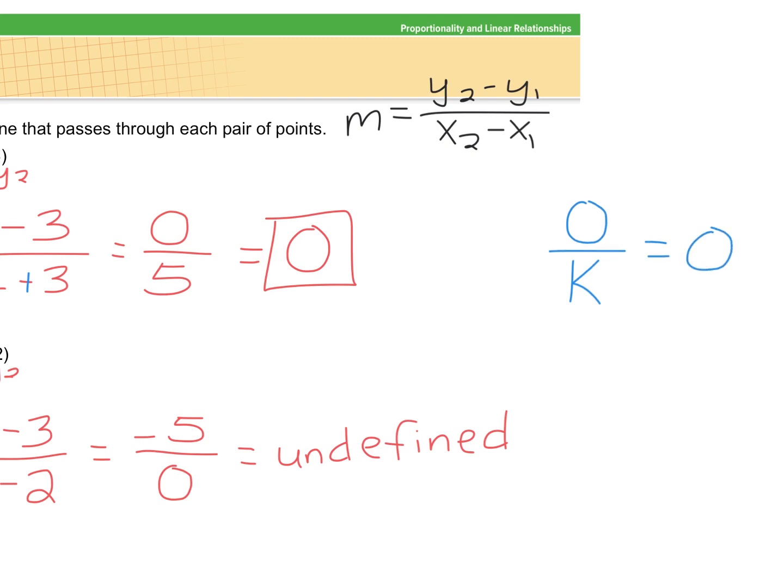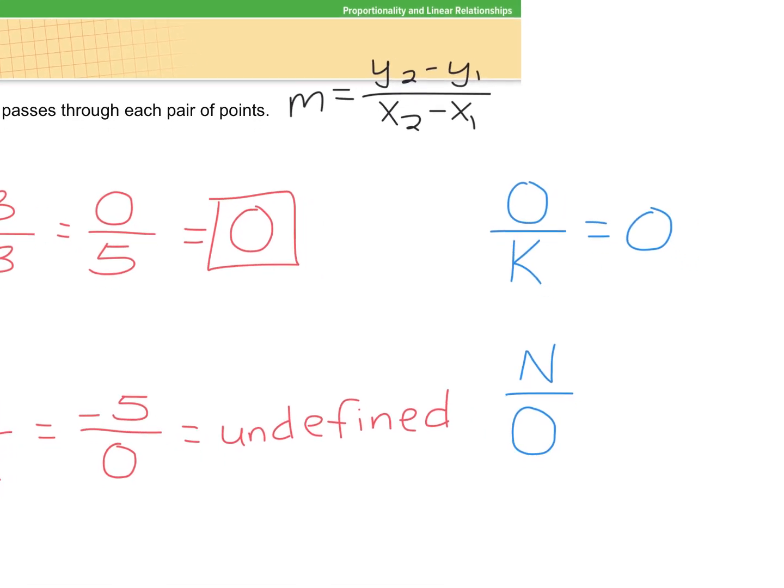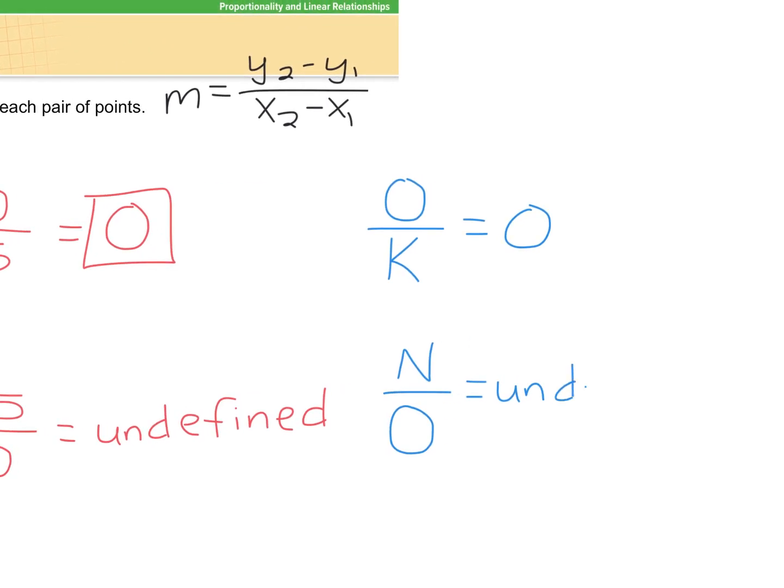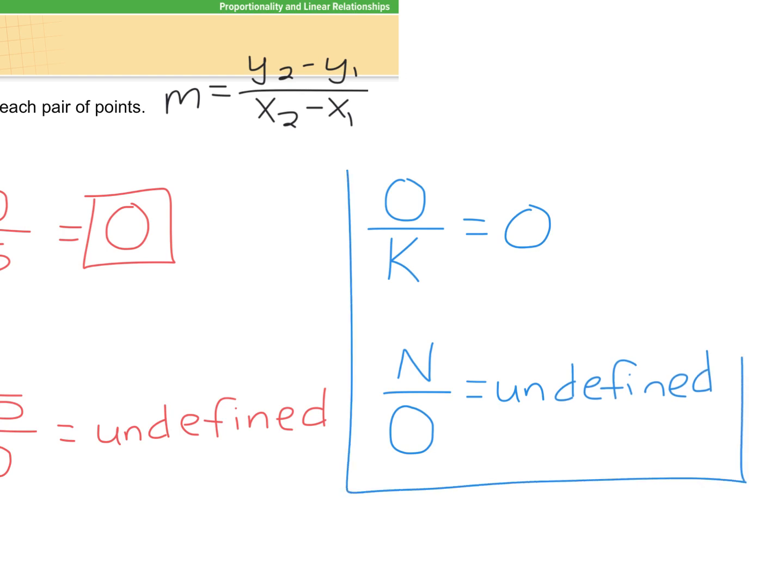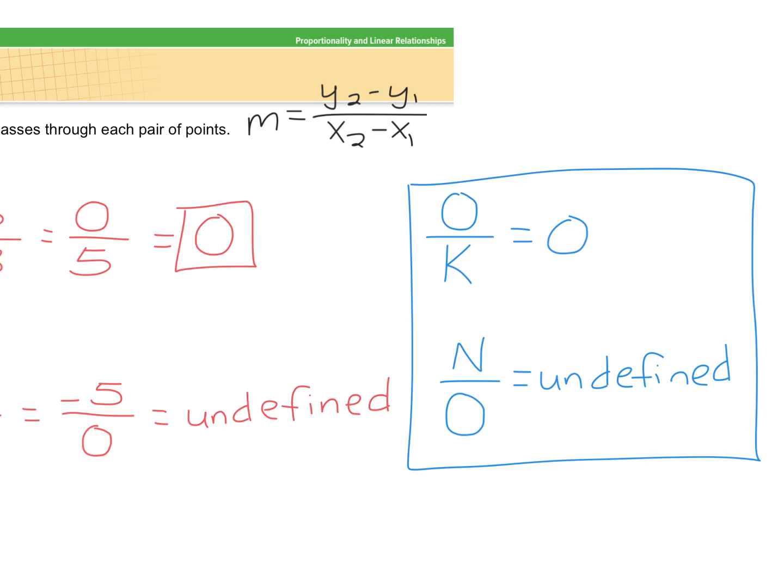If I have 0 on the bottom and some number on the top, I'm going to use n this time. Why do you think I used n? Because it's no. So this will give us undefined. Circle that, star it, so you don't lose it. Use that as a trick to help you remember the difference.